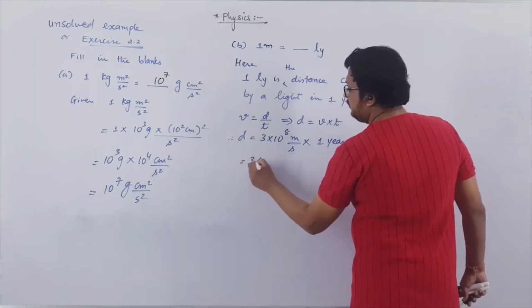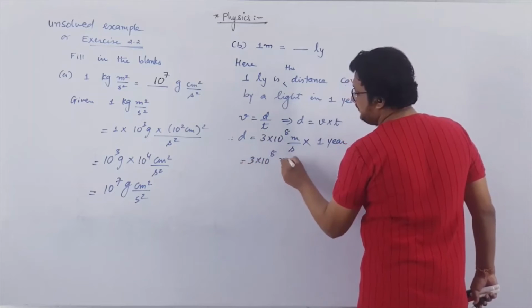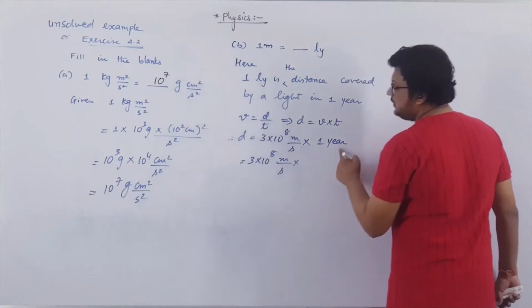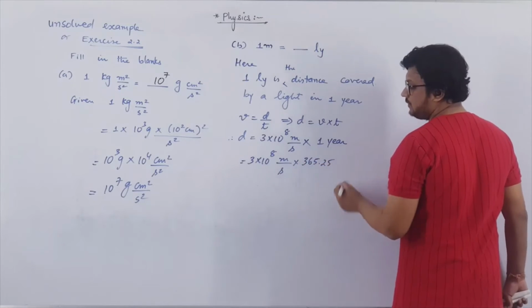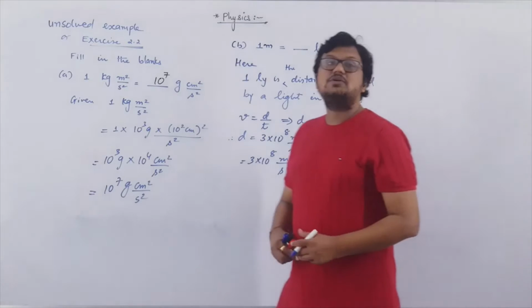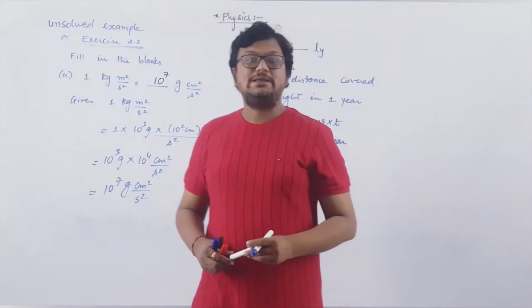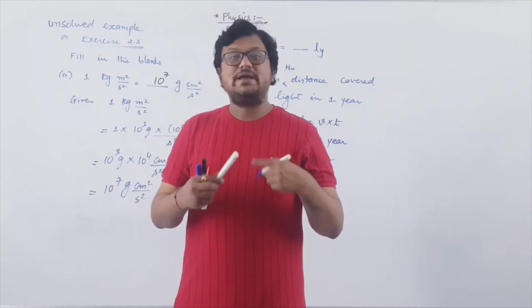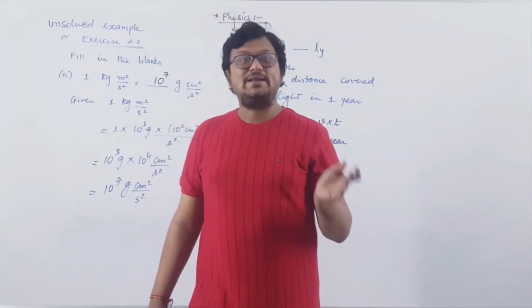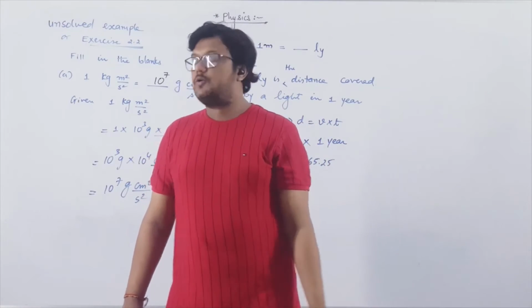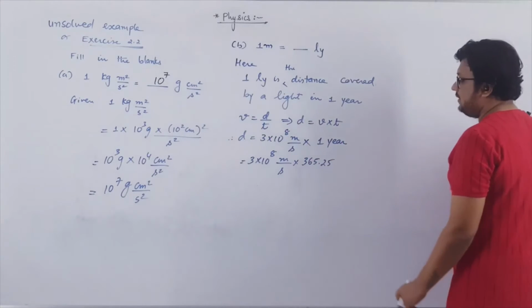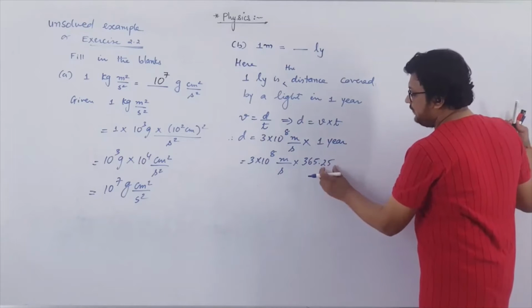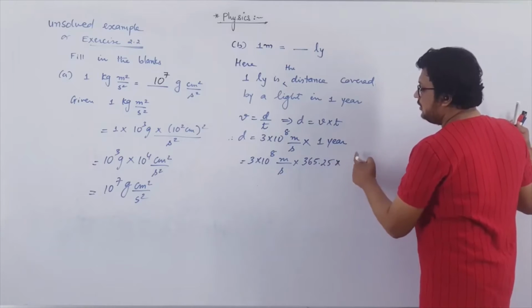So 3 into 10 raised to 8 meter per second into 1 year is approximately 365.25 days. Right? Why 0.25? Because every 4 years we will have one leap year. That is 1 day extra, that is in February you have 29. Right? So 365.25, for leap year we are adding 0.25, this is days.